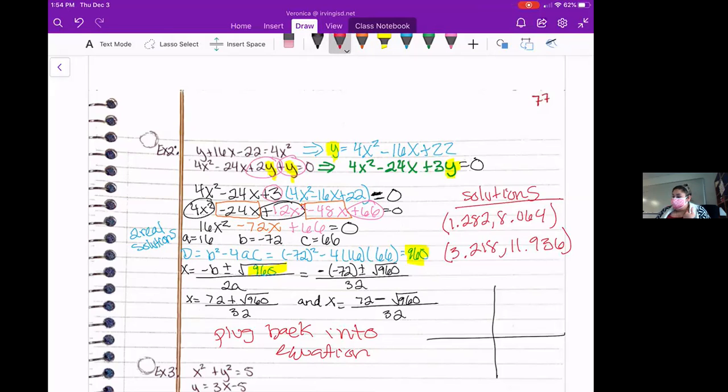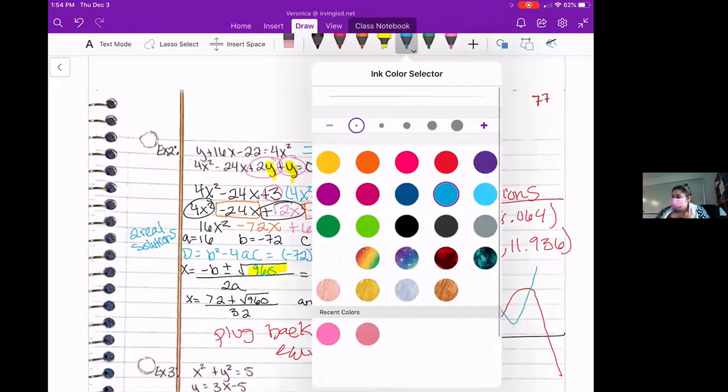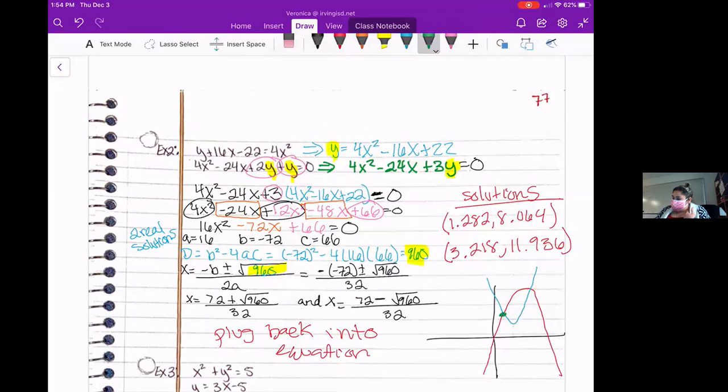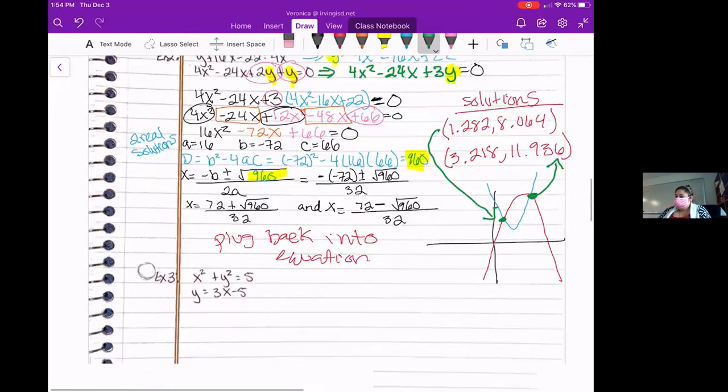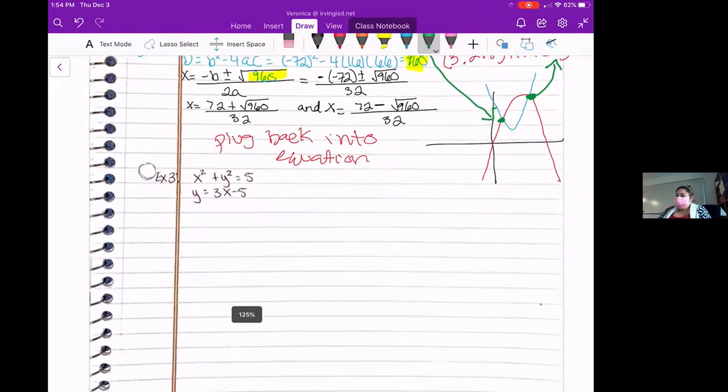We had one parabolic function that looked something like this, and the other one looked something like this. And these were your two solutions, which is what you found. It's not going to get much harder than that.